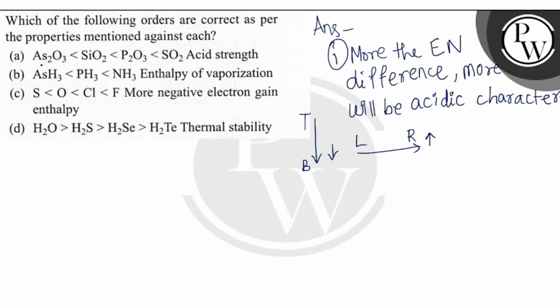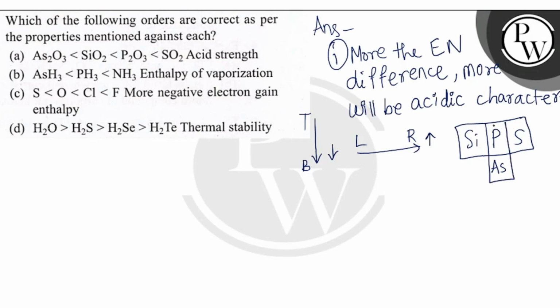Silicon, phosphorus and sulfur are all present in the third period, whereas arsenic is present in the fourth period, below phosphorus. So I write silicon, phosphorus, then sulfur, and below phosphorus there is arsenic.